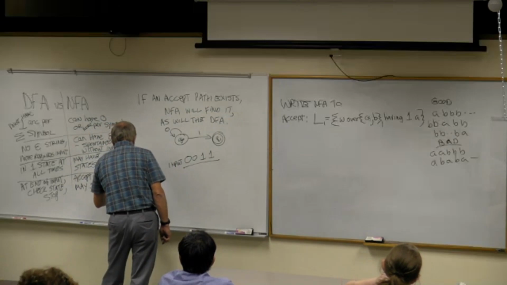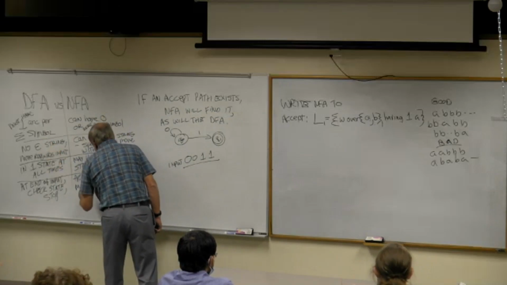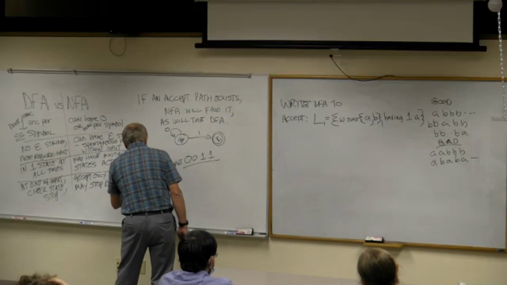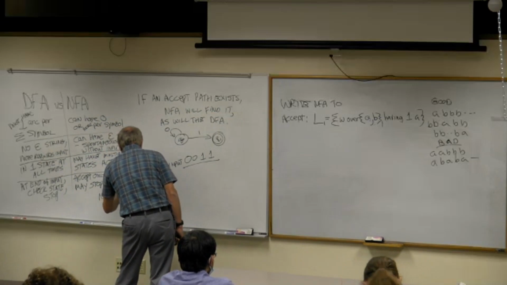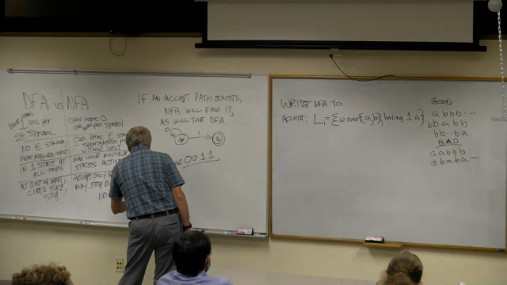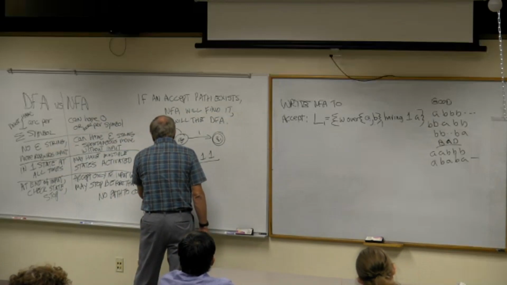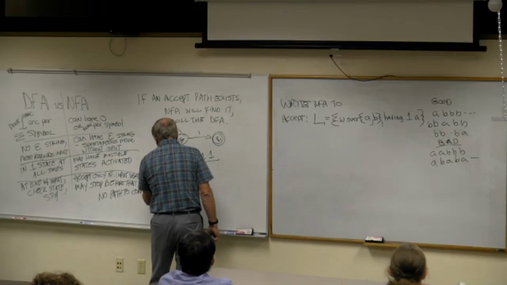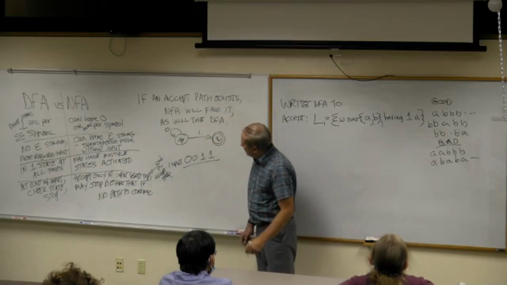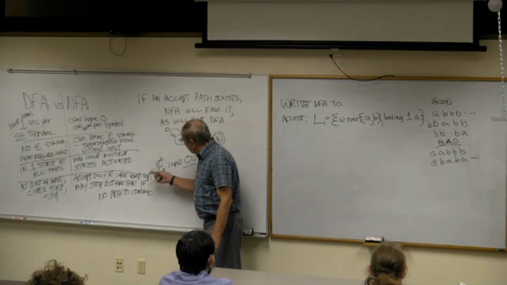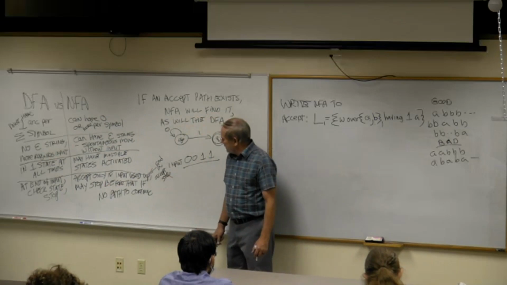So it accepts only if the input is used up and you're in an accept state, but it may stop before the input is used up if there's no path to continue.